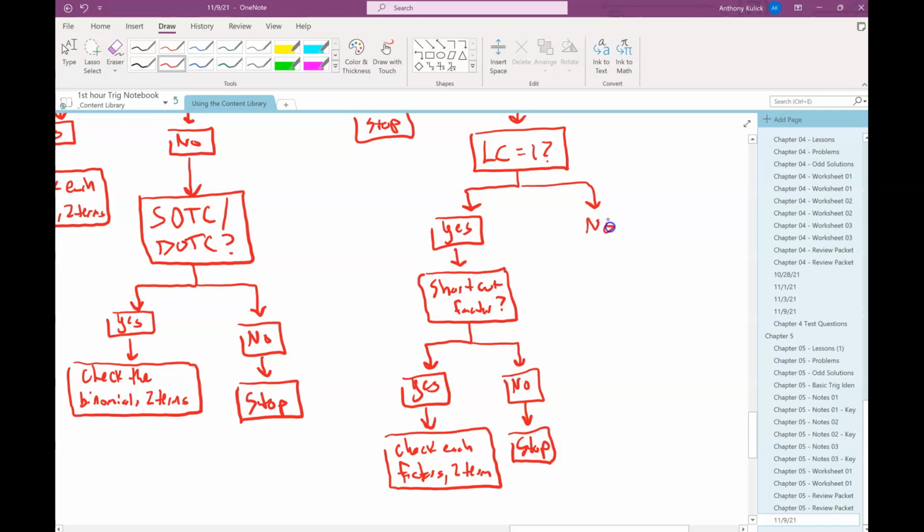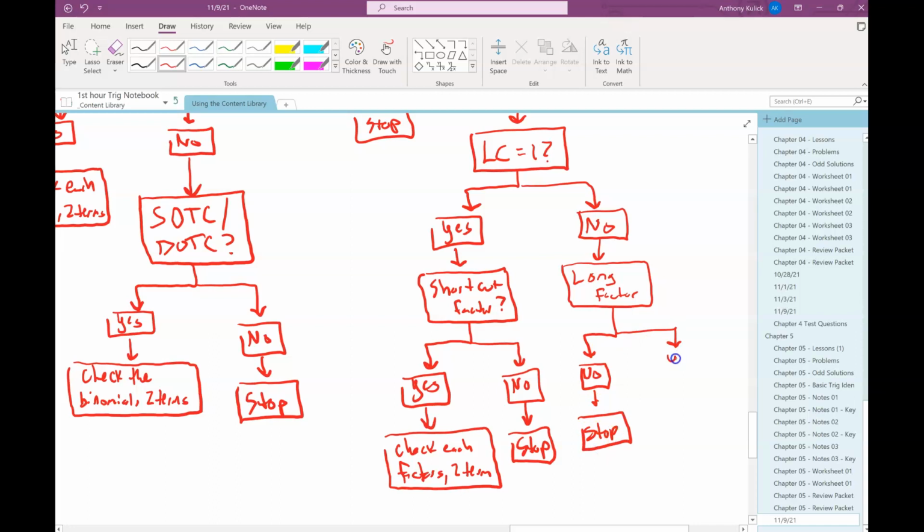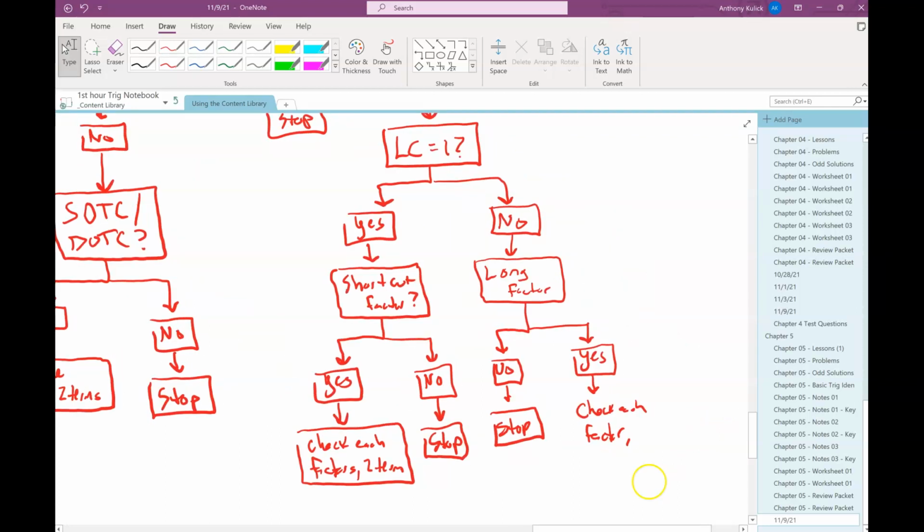If the leading coefficient wasn't 1, then we have to do the long factor. If we can't do that, if the long factoring doesn't work, we stop, we're done, there's nothing more we can do. If we can do that long factoring, then we have to check each factor down the two-term branch.